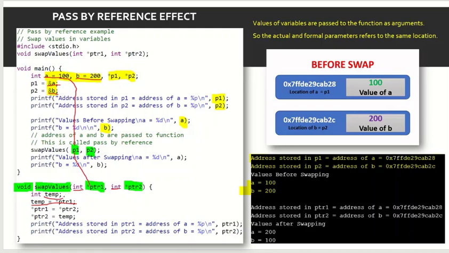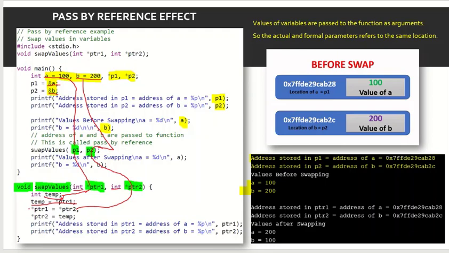So 100 is stored in temp. Next, star ptr1 is equal to star ptr2. Now I am going to store the second value, that is 200, using star ptr2 to star ptr1.